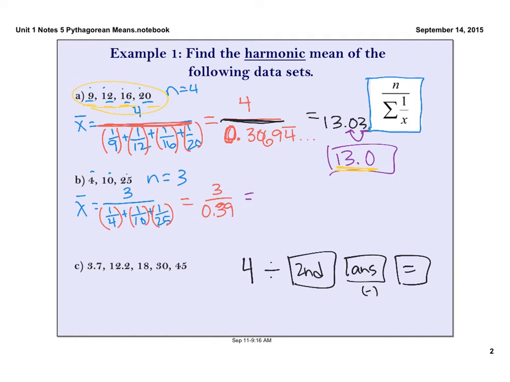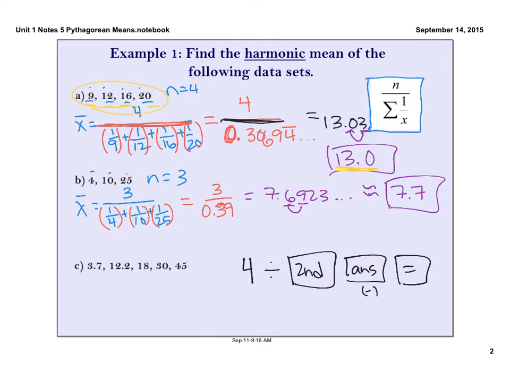So I would hit 3 divided by second answer, and then I get an answer of 7.6923. I would use the 9 to round the 6, which gives me 7.7 for the mean there.